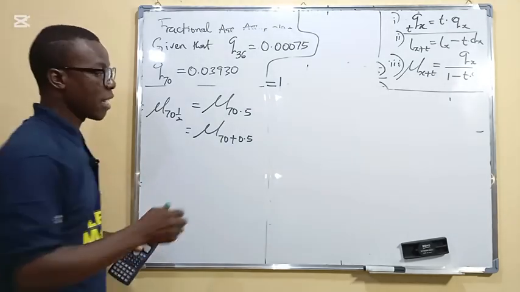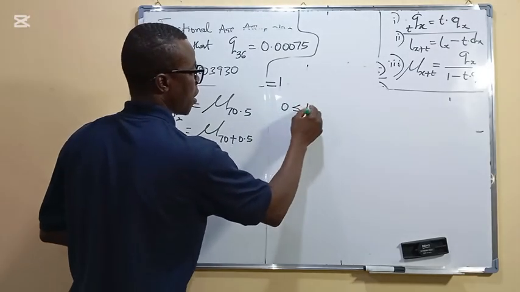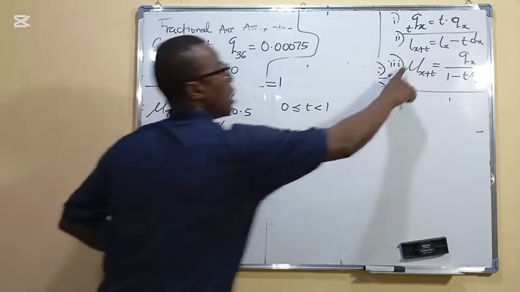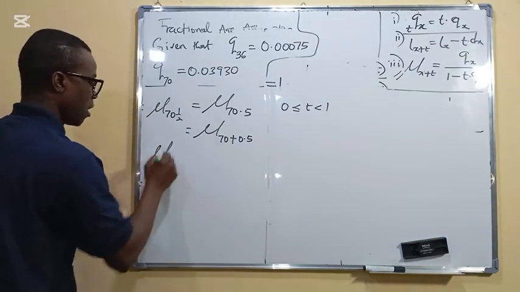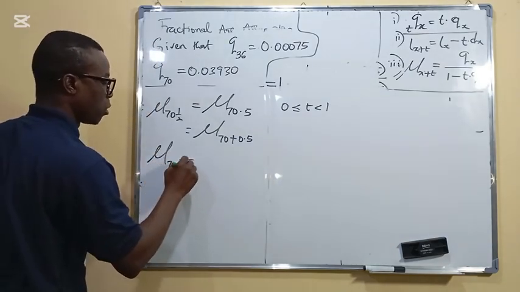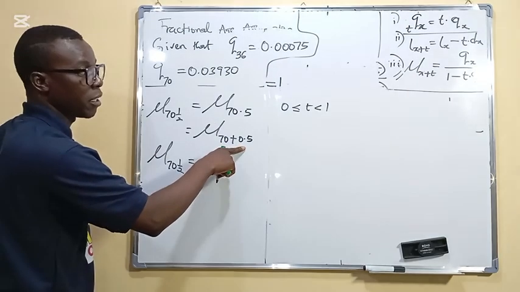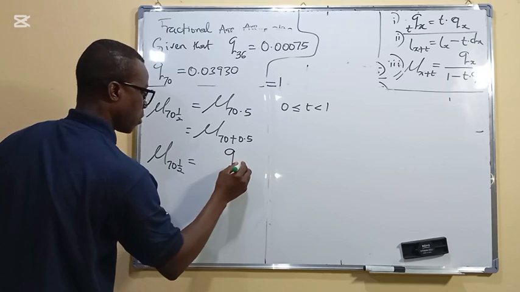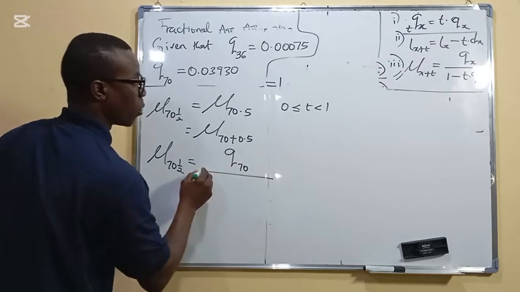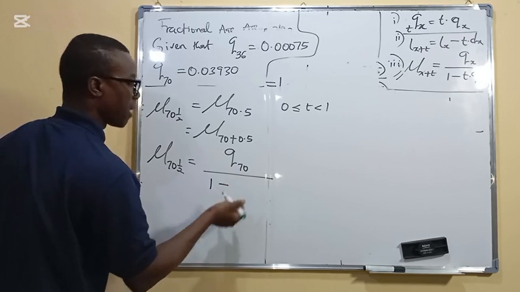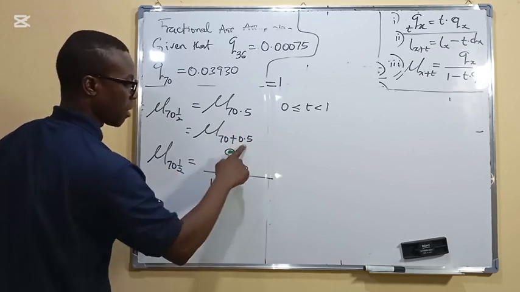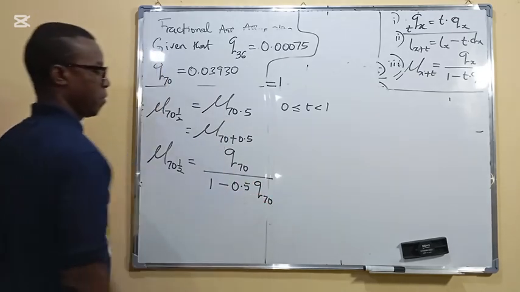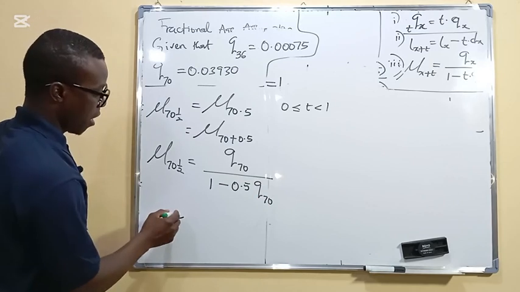And you can see that T is actually between this. You can find 0.5 in here. So I'm going to make use of this to say this is 70, 1 over 2, where I'm taking my t to be 0.5. So I'm going to plug it in there to say this will be 70 and over, that will be 1 minus my t, which is 0.5, and then 70. So that's exactly what it is. So this is quite faster.